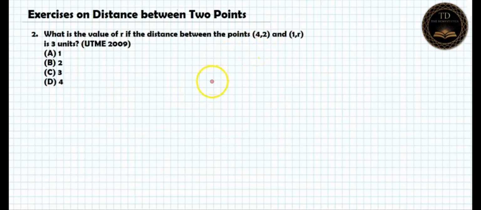Okay, look at this question. Now, this is from UTME again, 2009, for Nigerian students. It says, what is the value of R if the distance between the points 4, 2 and 1, R is 5 units? Now, if you notice, they've given you the distance between the 2 points.